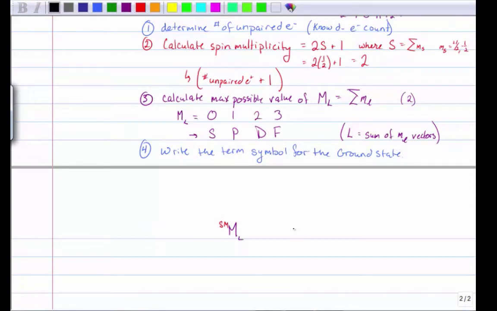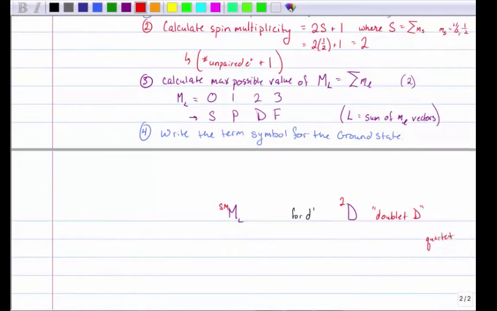So for our d1 metal ion, our L value was 2, so we would write a D, and our spin multiplicity was 2, so it has a superscript of 2 on the left-hand side. This is read as a doublet D. A 1 for spin multiplicity is a singlet, a 2 is a doublet, a 3 is a triplet, a 4 is a quartet. So this ground state term describes the ground state microstate of the free metal ion.